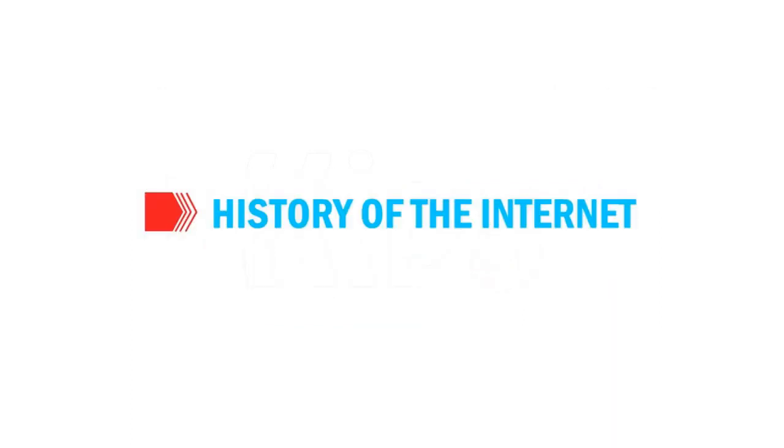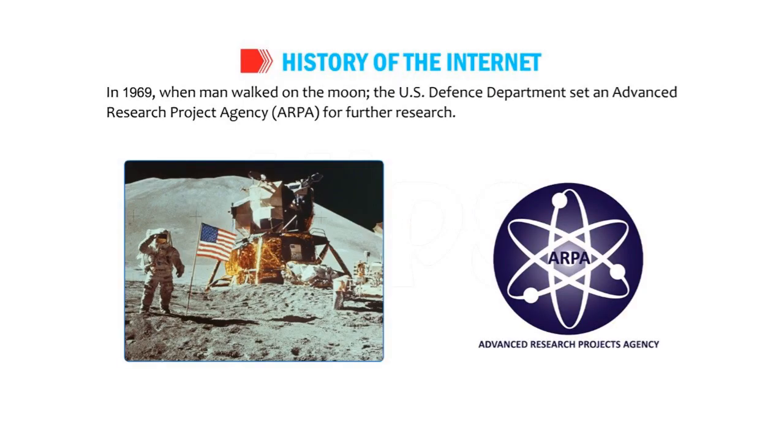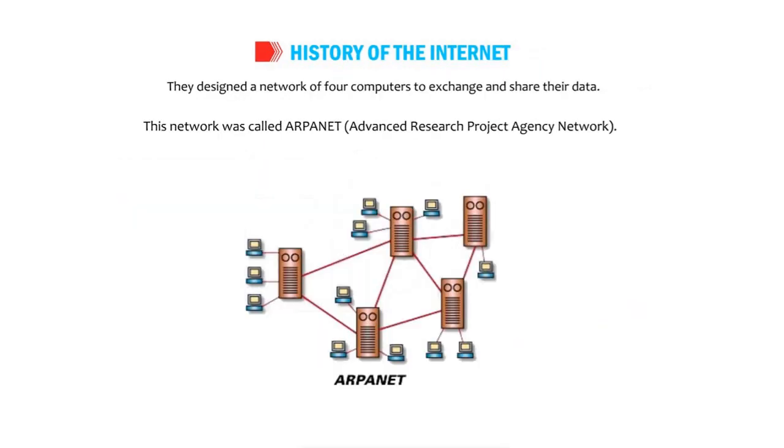Okay, children, do you know about the history of the internet? So, in 1969, when the man walked on the moon, the US Defense Department set up an Advanced Research Project Agency, ARPA, for further research. They designed a network of 4 computers to exchange and share their data.